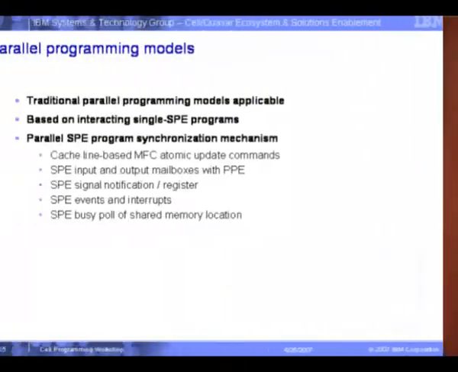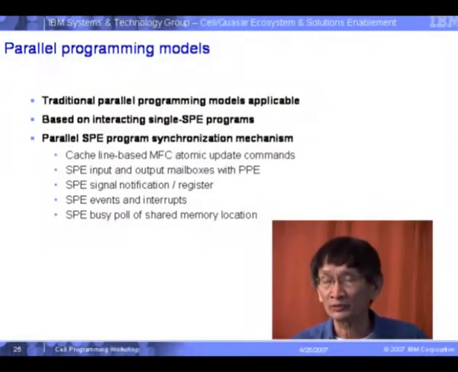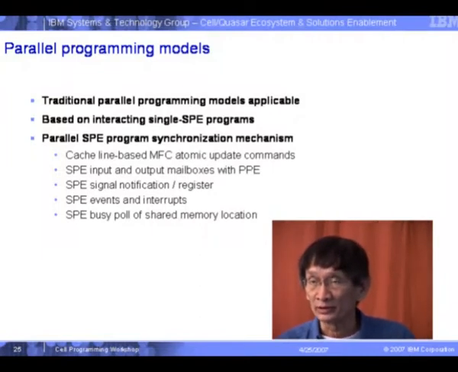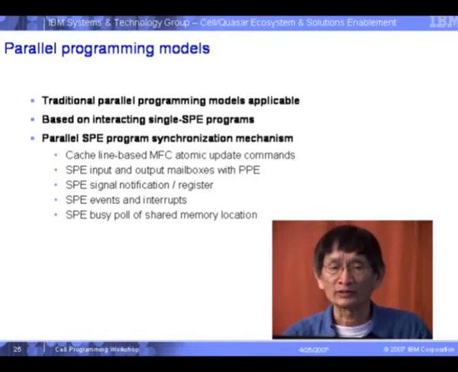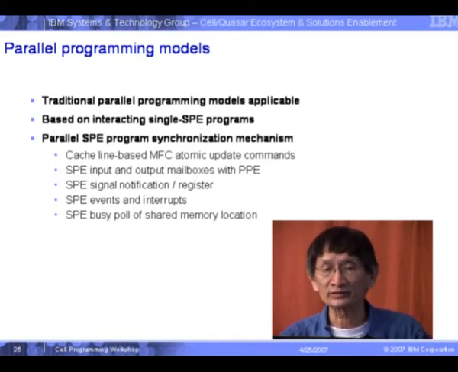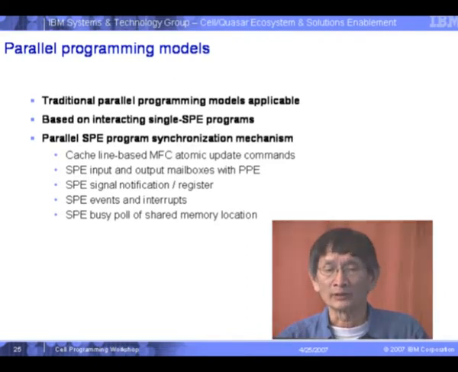Parallel programming models. These are traditional parallel programming models in your existing architectures, also applied to this Cell environment as well. This is based on the interaction of the single SPE programs. We implement the parallel SPE programs here. For the synchronization mechanism, we provide you the MFC atomic update commands.